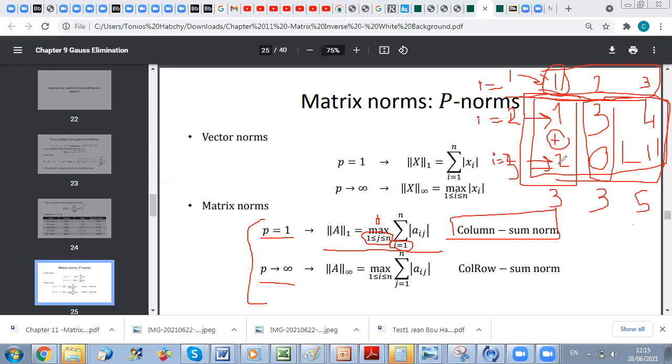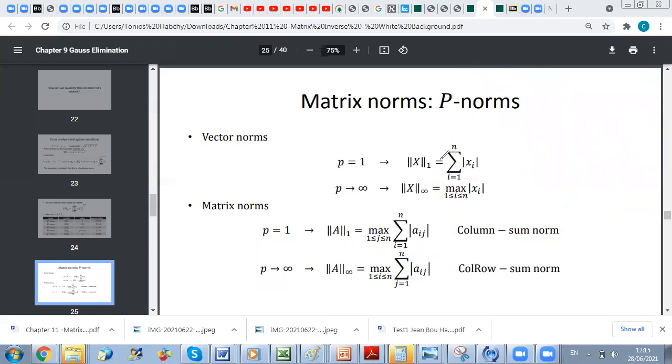So after computing the summation in each column, you take the maximum over these numbers. This is why they said maximum for j going from 1 to n of the summation from i to n of Aij. So to summarize, now here the result will be 5.